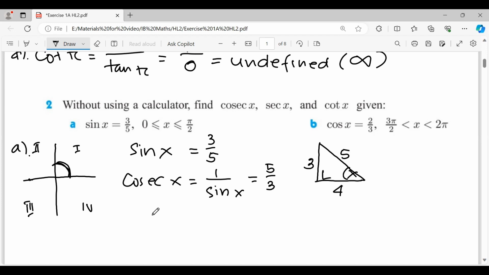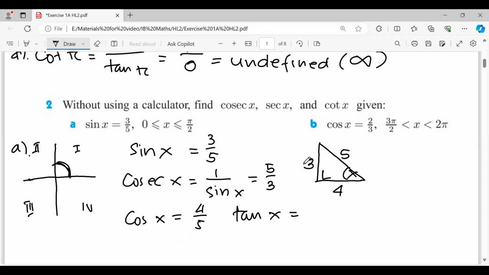Now, to find cotangent, it means we have to find cosine first. Cosine x is 4 over 5. So it means tangent x equals 3 over 4, or sine over cosine.